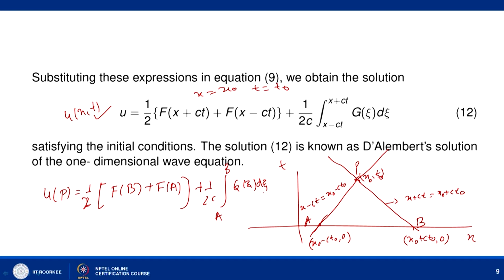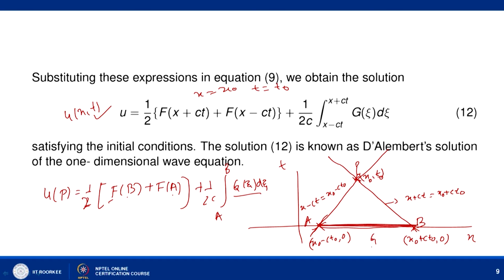So, it means that if you want to find out a solution at P, I must know the value of f at point A and B. So, it means that I should know the f value at these points, and the value of g between A to B, meaning in this entire region I need to know the value of g.